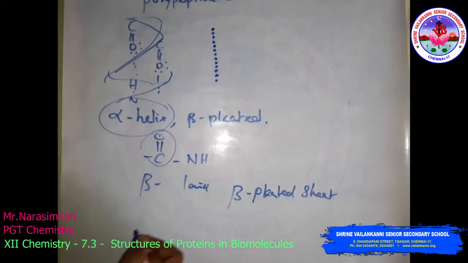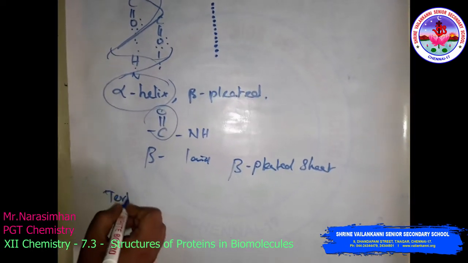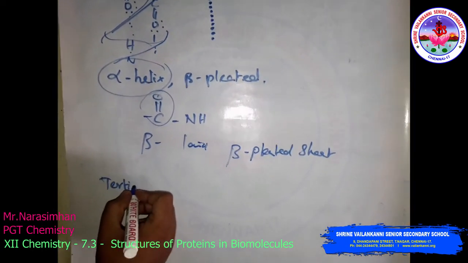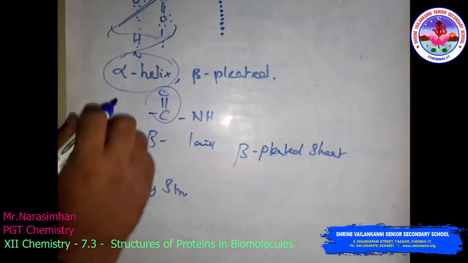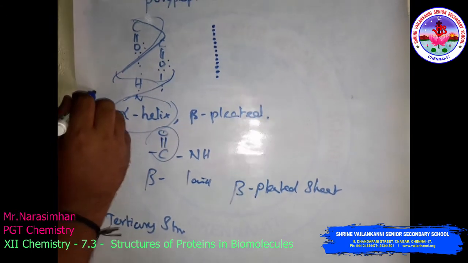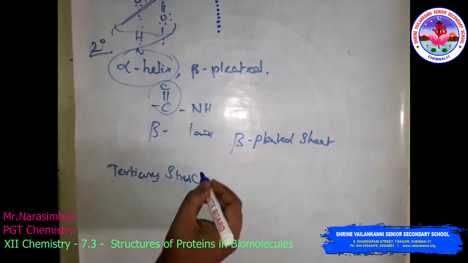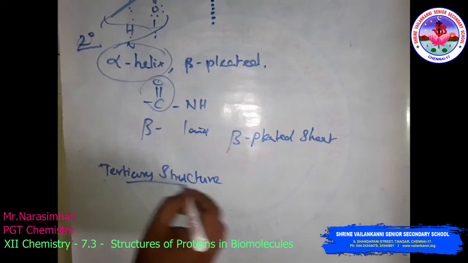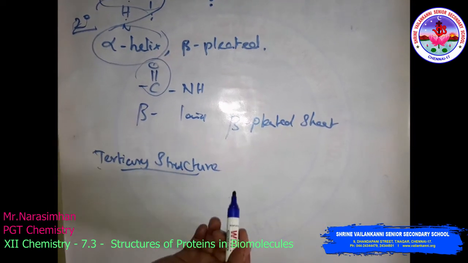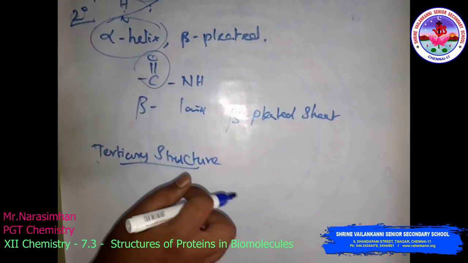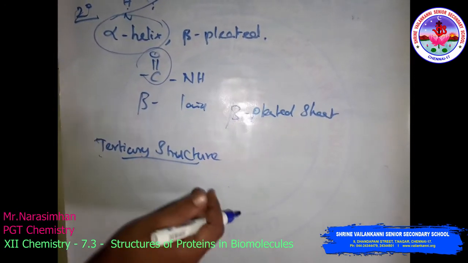Then tertiary structure. The third one is tertiary. Primary and secondary structure is this, this is secondary and this is tertiary structure of proteins. This structure represents the overall folding of the polypeptide chain.